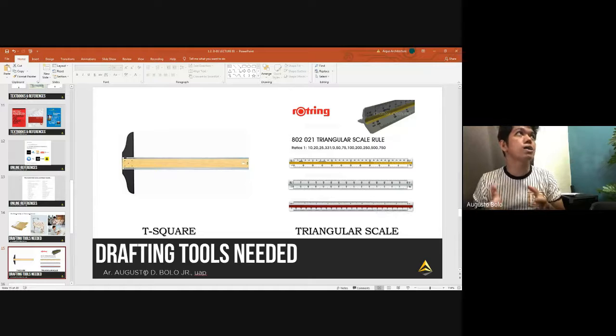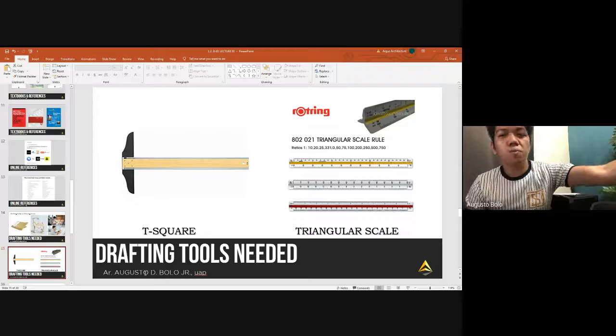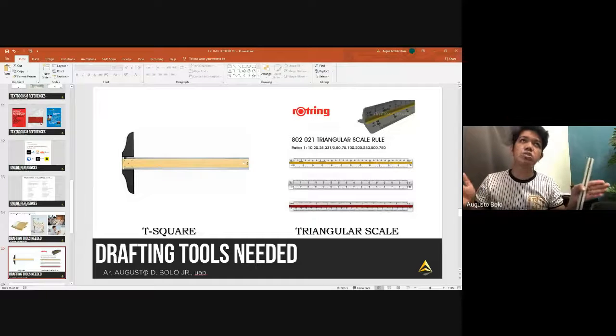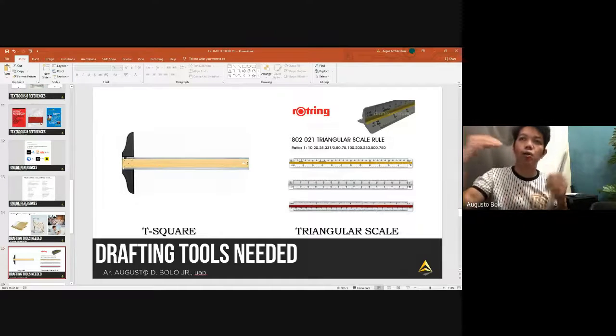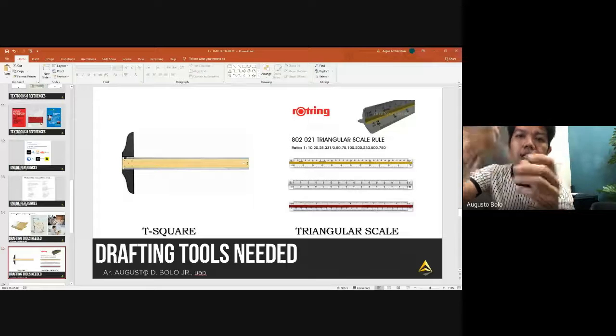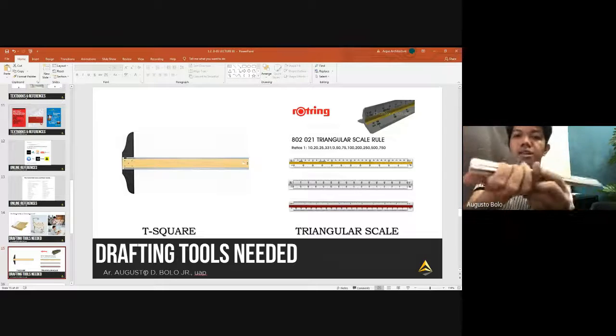You are an architect already. So you will be dealing with an actual size. Say for example, ang bedroom mo ngayon is 5 meters by 4 meters. On our drawing, it has to be exact, by showing your calibration by the measurement. Yung ating sukat is 1:100.